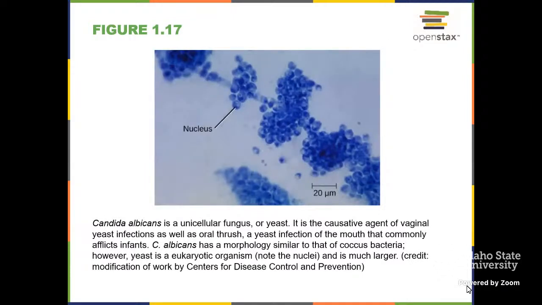This next image, also eukaryotic. These are some yeast cells, not the Saccharomyces that we started with when we were looking at the bread stuff. All right, Candida albicans is a type of yeast that's a pathogenic form. You really have lower levels of it as just a normal population.